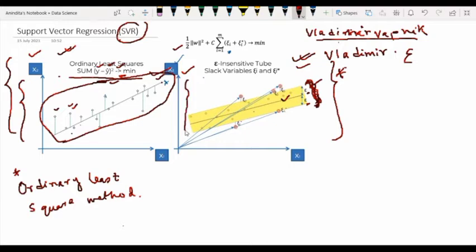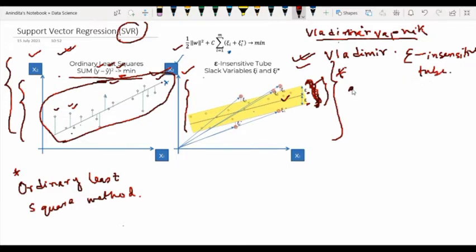This is the vertical axis x2, and epsilon is measured along it, so it is basically perpendicular to the tube. This tube is known as the epsilon insensitive tube.